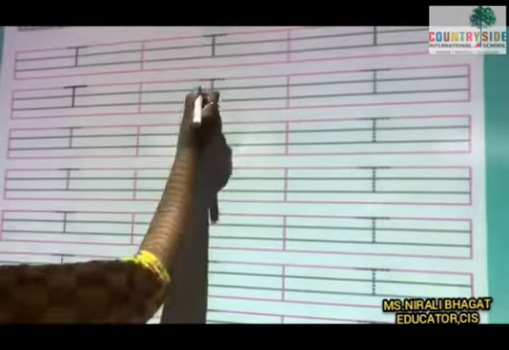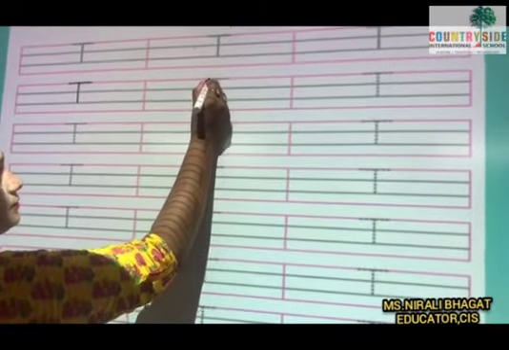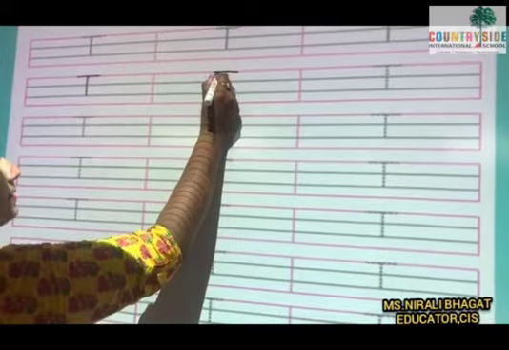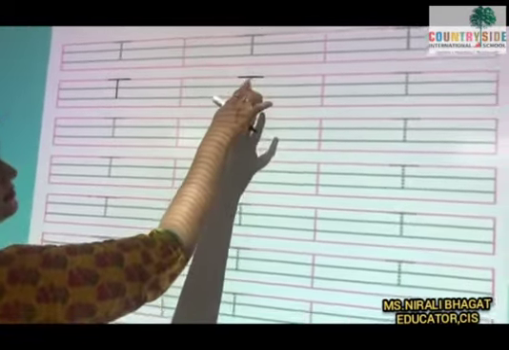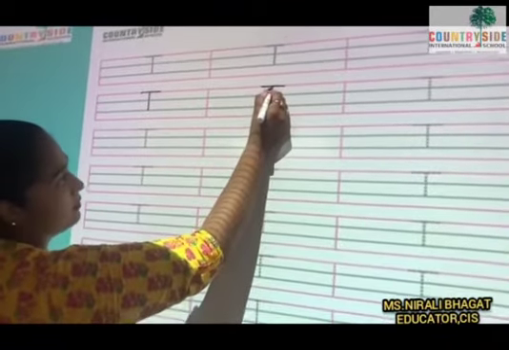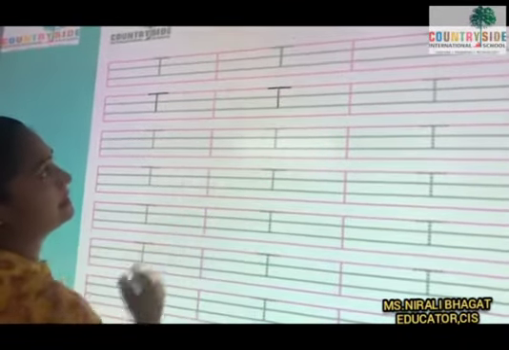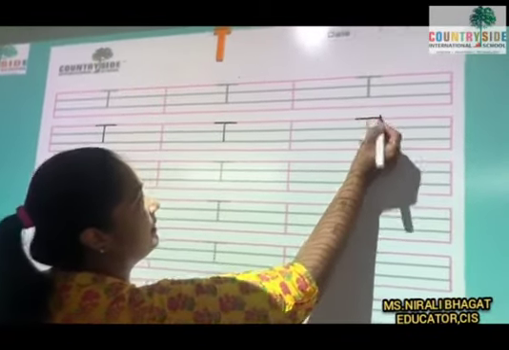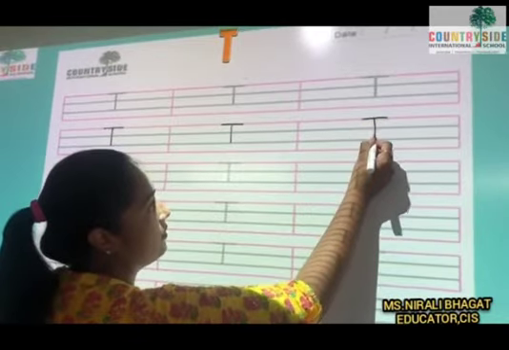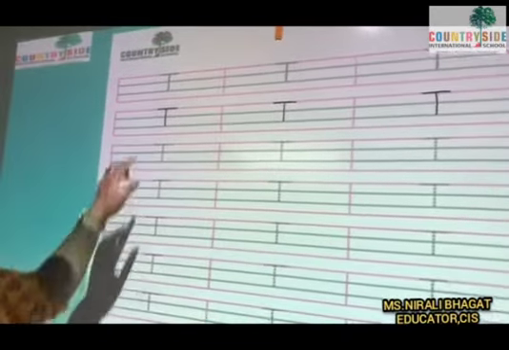Remember, I told you when you join standing line plus sleeping line, here also we will get letter T. But first you will make sleeping line pattern like this. This is sleeping line, and then from the center, from here, you will draw standing line. Again, sleeping line, and then from the center you will draw standing line. So we will get capital letter T.